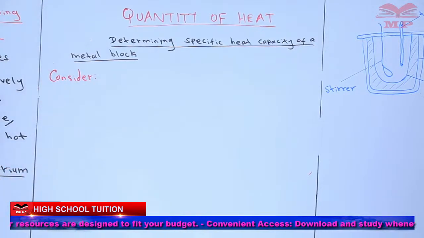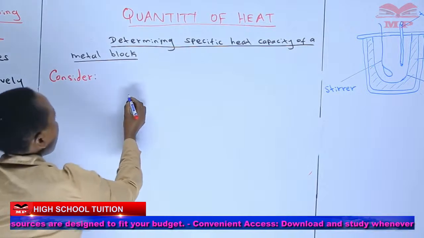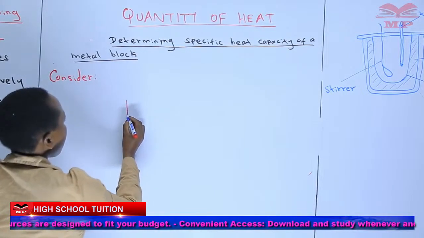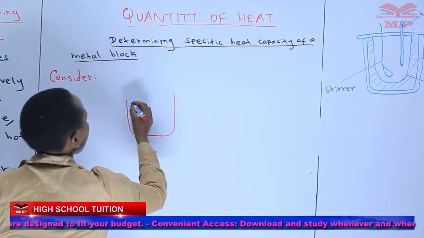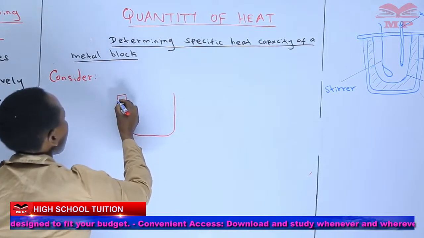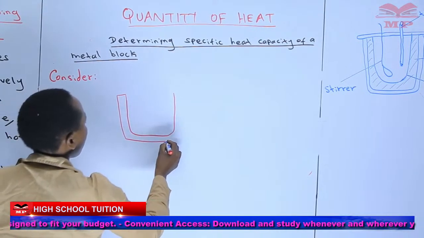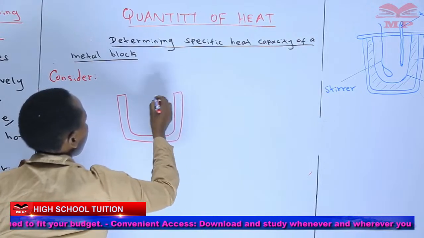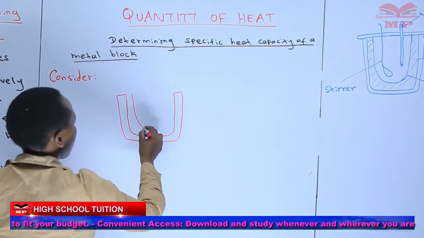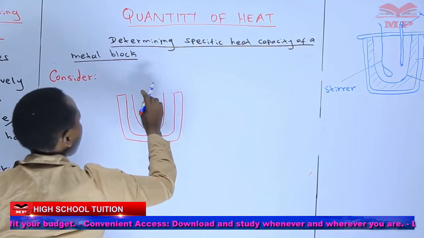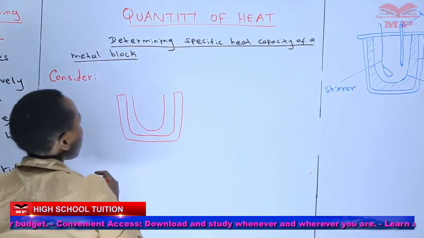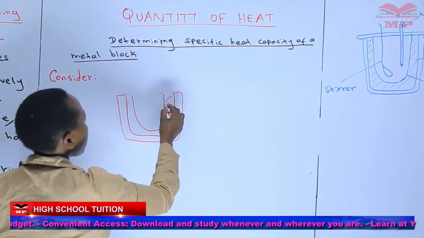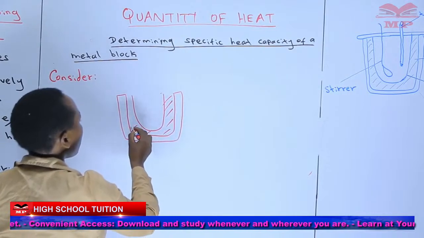Now, in our case here, we'll consider a copper calorimeter. We have seen the calorimeter can be a copper calorimeter. It can be made of aluminum also, or any appropriate metal. Aluminum is cheap, and is also easily available. So in our copper calorimeter, this is our lagging material.